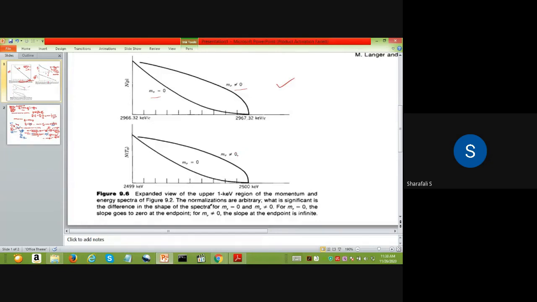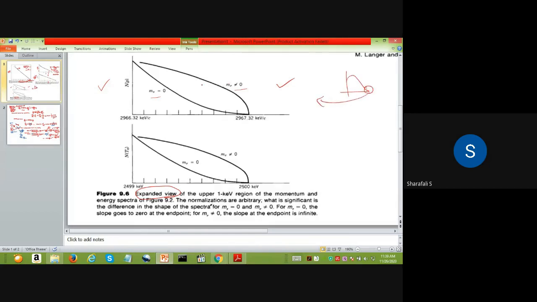This is an expanded view of the curve that is already given in your textbook. So that end of that curve is zoomed, and that is shown here. It is only that portion of the curve that you have seen here.